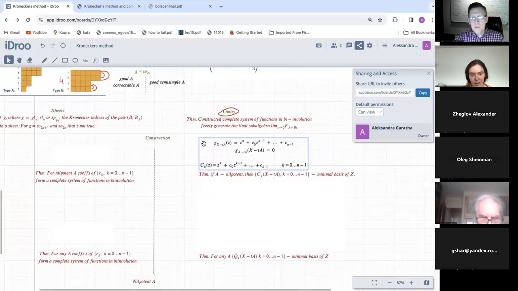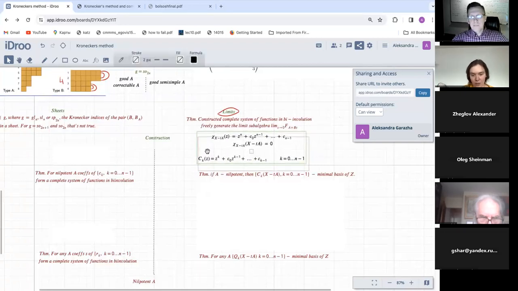So my idea was that if I want a minimal basis, something very small, I could use something very similar to this characteristic polynomial, using characteristic polynomials for matrices of smaller sizes.